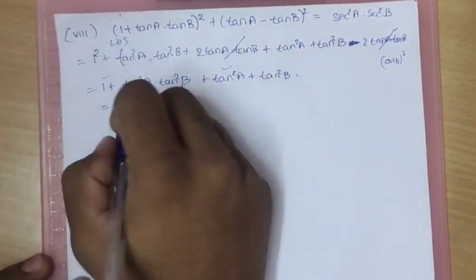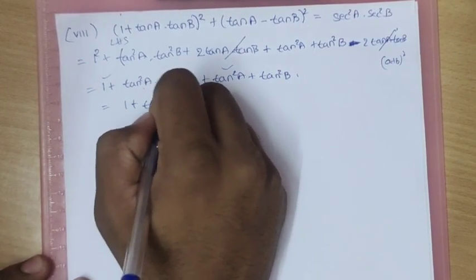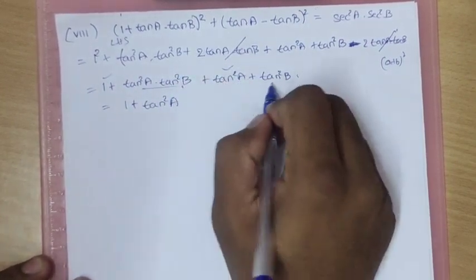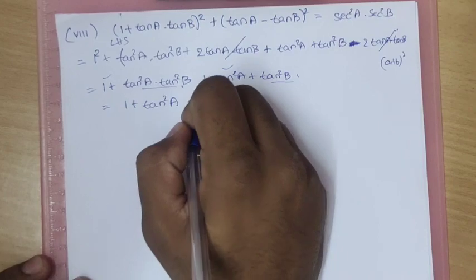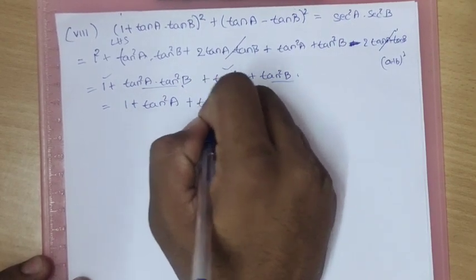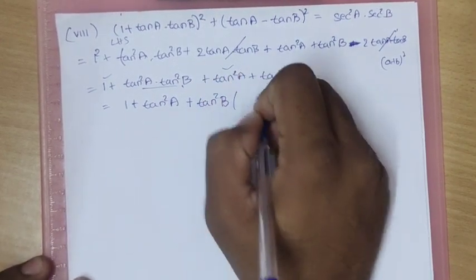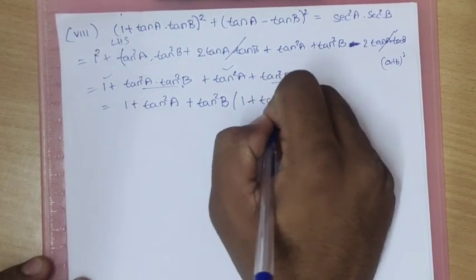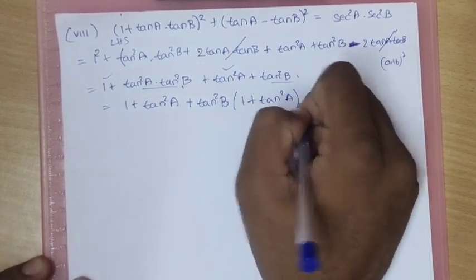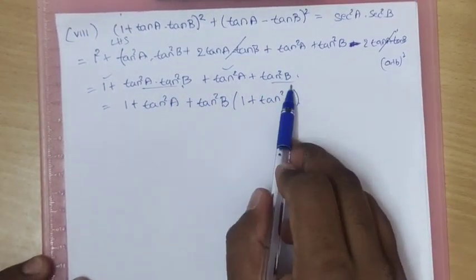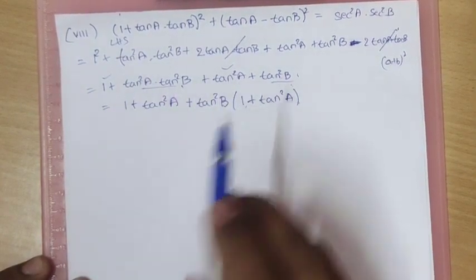So here we consider 1 plus tan square A, then from this and this what can we take common? We can take tan square B common. If we take it common, the remaining thing is 1 plus tan square A.